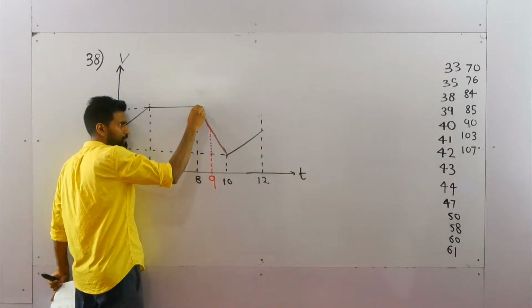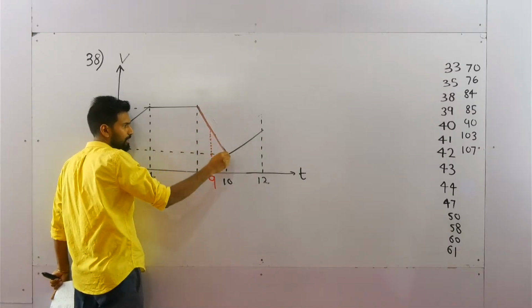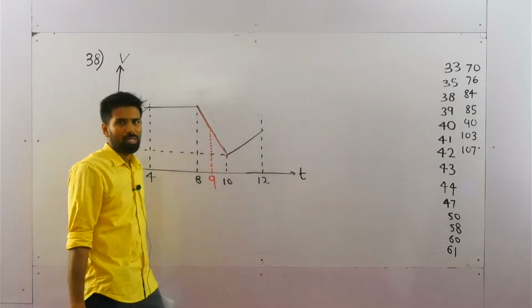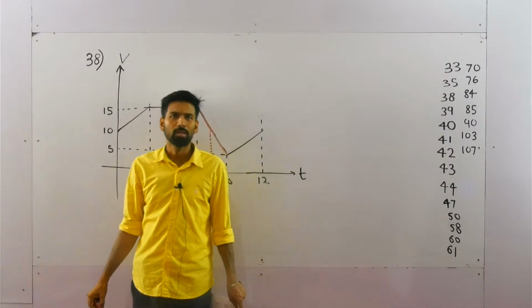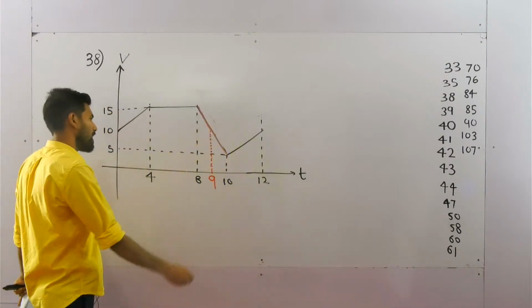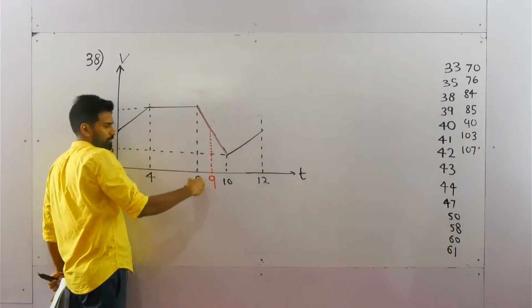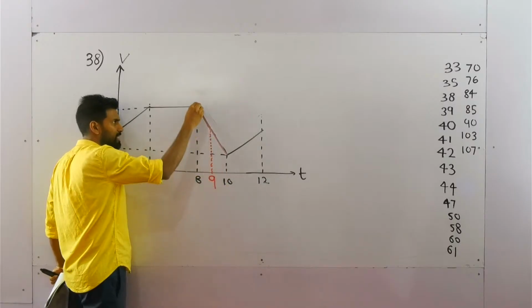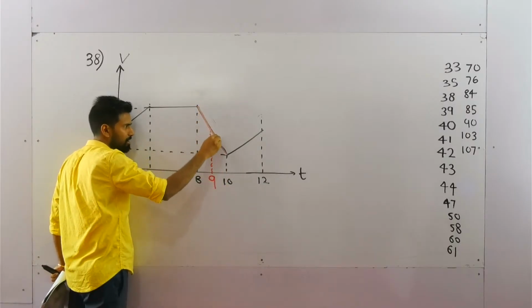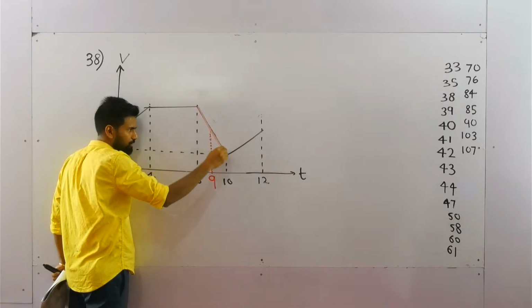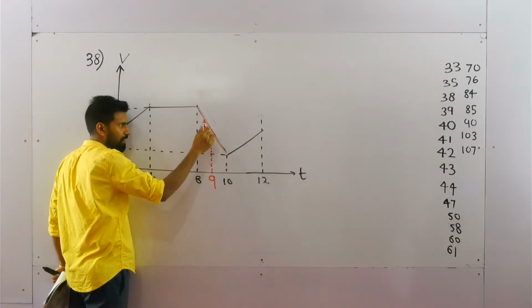Why? This is a straight line, and in a straight line the gradient won't change. So you are asked to find the gradient at the 9th second. No matter what, between the 8th and the 10th second it's the same straight line, so you can freely find its gradient. It will be the gradient at the 9th second also.